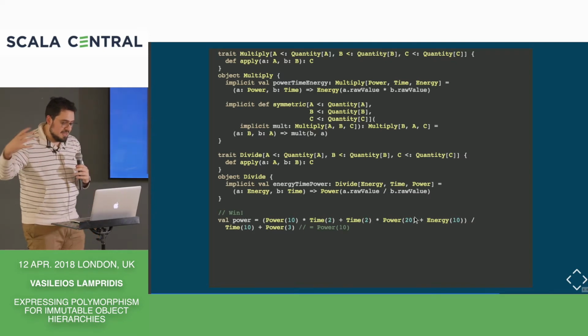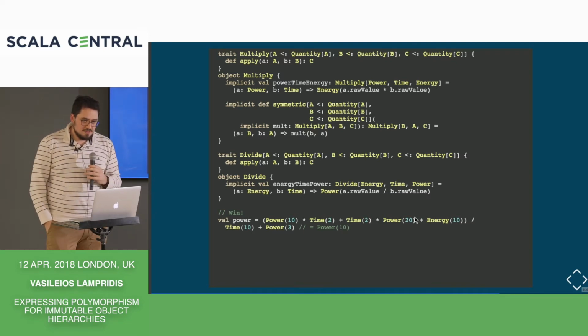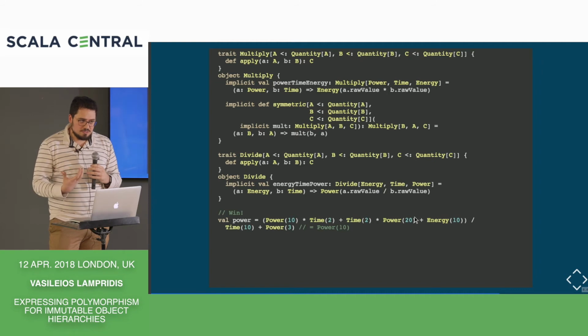And then again, chain other operations. That's not the essence of it, but you can see that you can have full control of your types without needing to annotate anything.